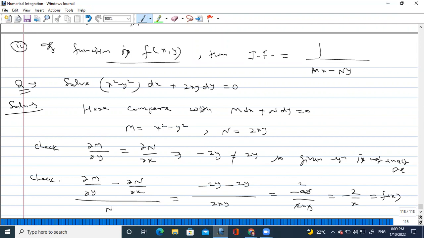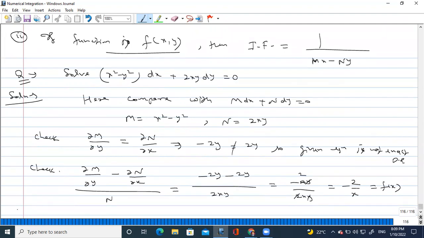So here the integrating factor will be e to the power integral f(x) dx. f(x) is minus 2 by x, so it will be e to the power minus 2 ln x.